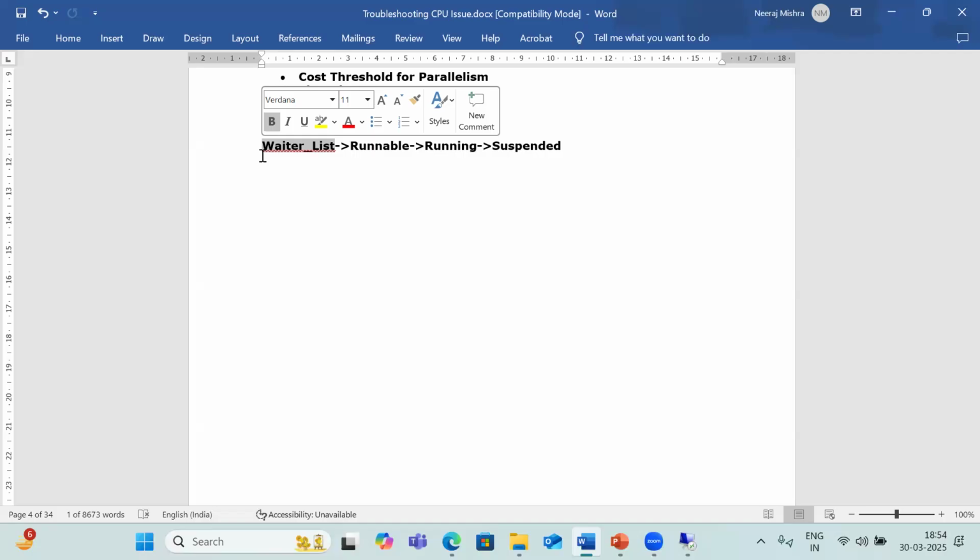So for that, the solution is to increase the number of processors on the system. You can do only two things: either increase the number of processors on the system, which you can recommend with your analysis, or you can say to limit the workload or lower down the workload. If that is not possible, then definitely you have to increase the number of processors in that case.